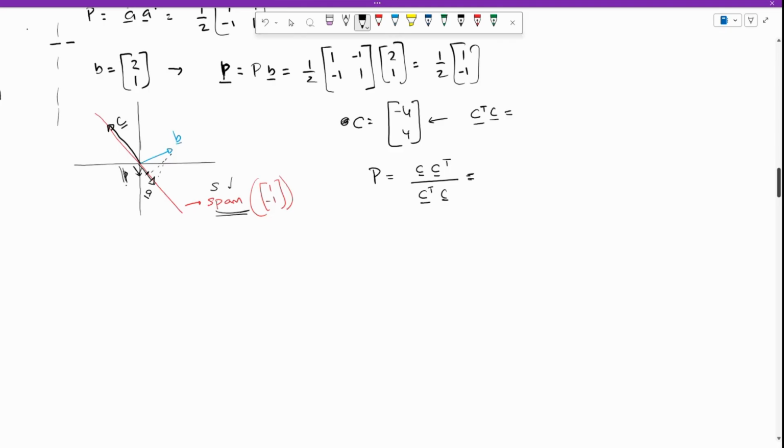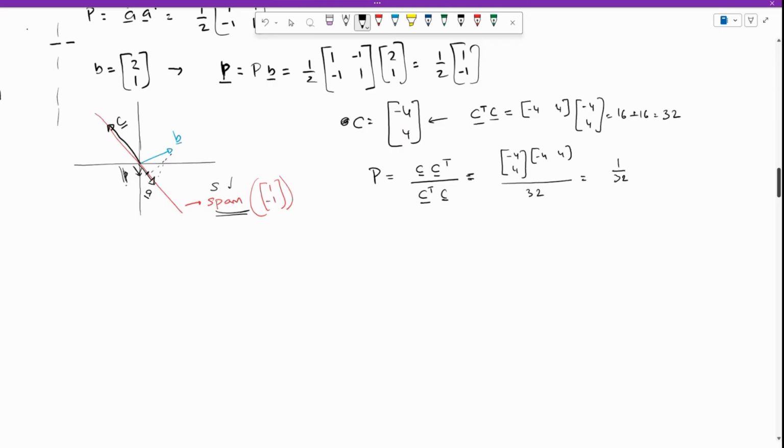What is C transpose C? That will be 32. Now, if you do the numerator, it will be minus 4, 4 multiplied by minus 4, 4, divided by 32.